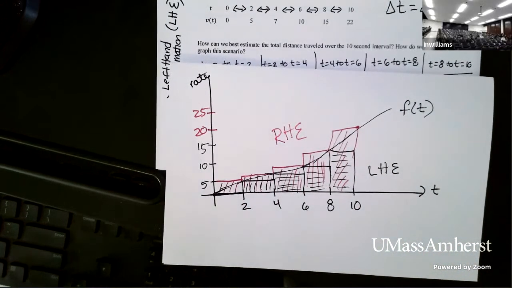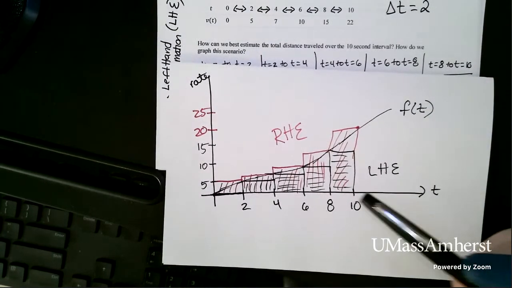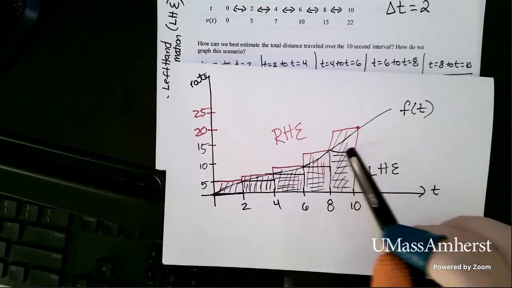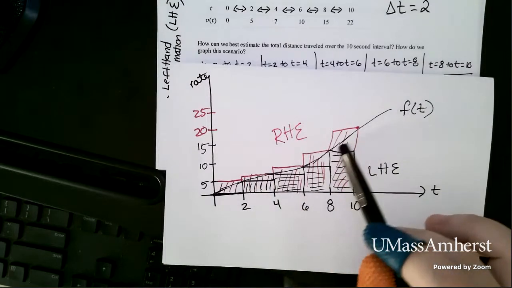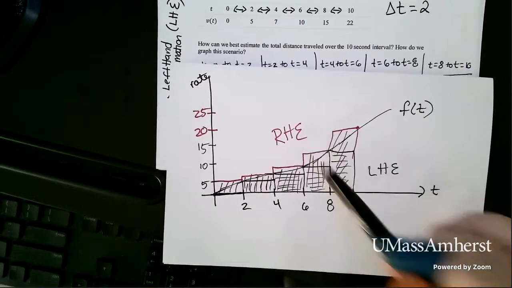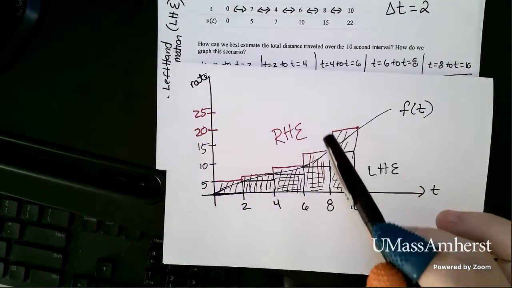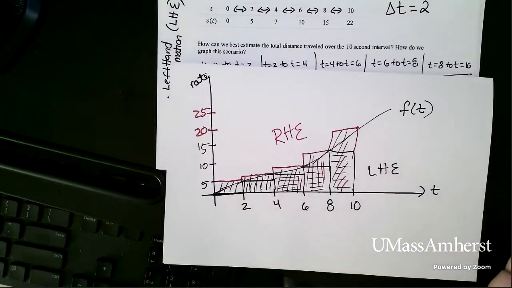So what I want to point out here is that in this particular example, the left-hand estimation is what's called an underestimation, because when we did the left-hand estimation, we didn't get all of this area under the curve. There was still some missing. We were below the curve, whereas our right-hand estimation was an overestimation because it gave us more area than was under the curve.